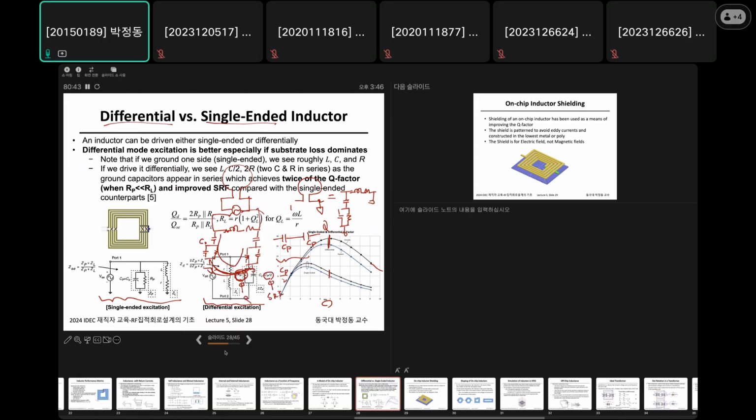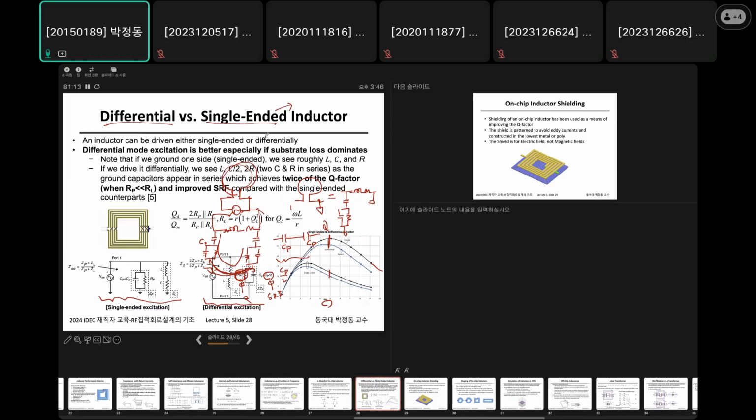Okay. So you have to use inductor in this way. Whenever you use inductor, you have to operate it differentially. That's why people are preferring transformer architecture.